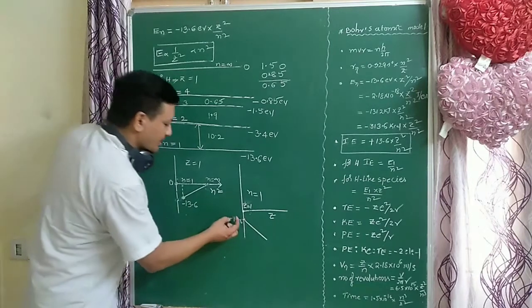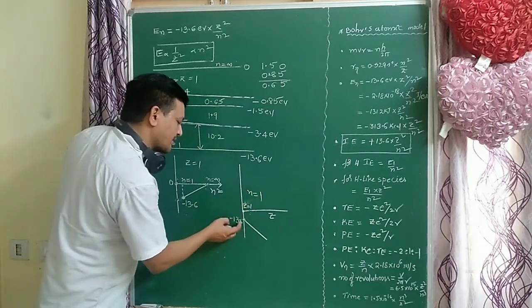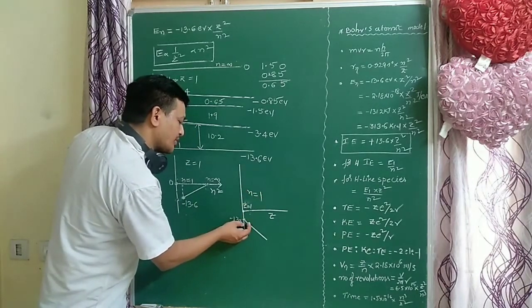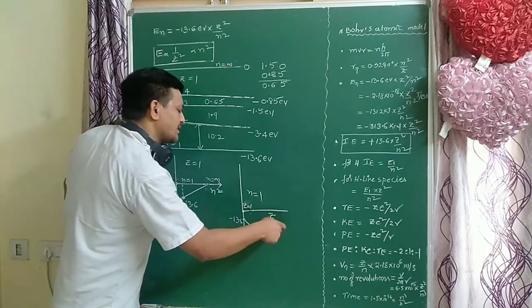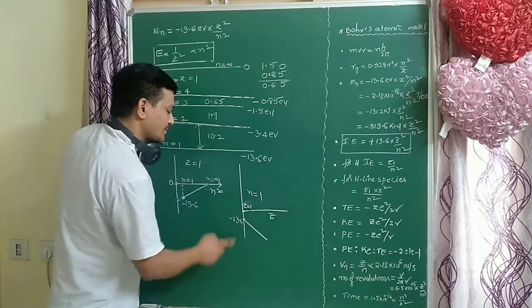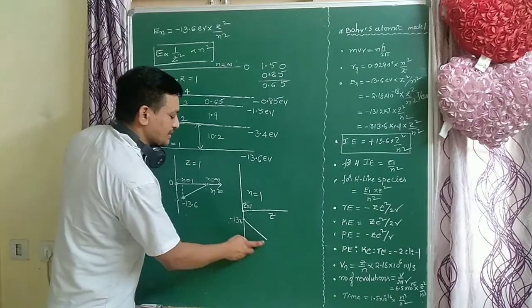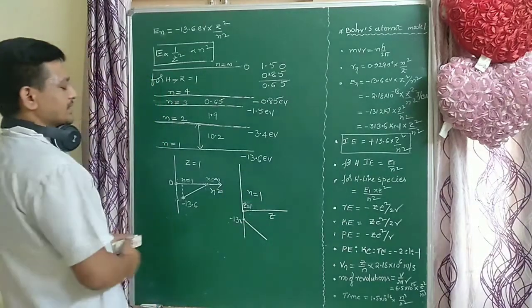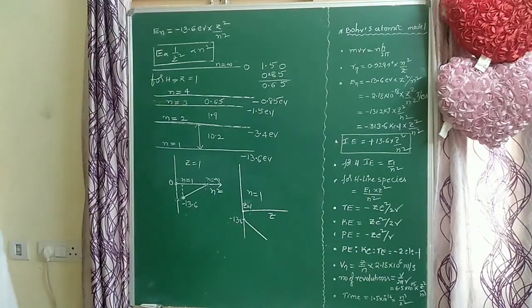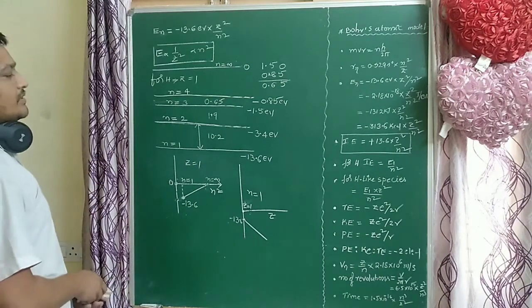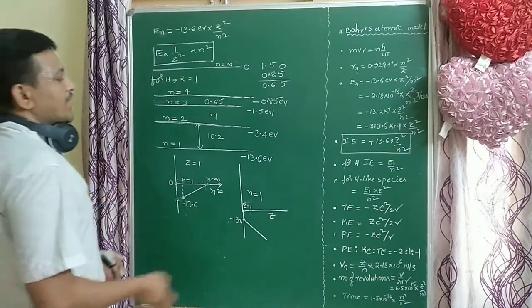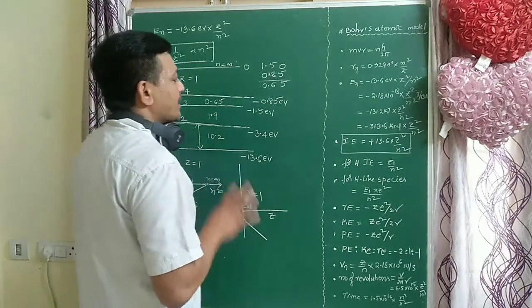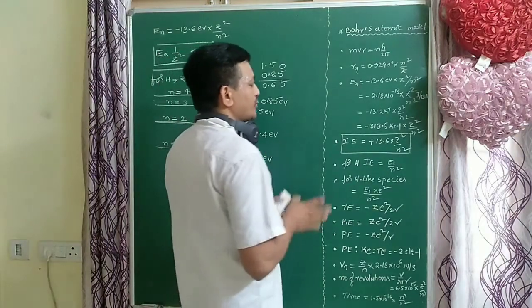For hydrogen atom, for the first orbit, what is the energy? Minus 13.6. As the Z value increases for different atoms, energy decreases. Very important, these two graphs are very important. Next, the ionization energy of any atom is a positive value.